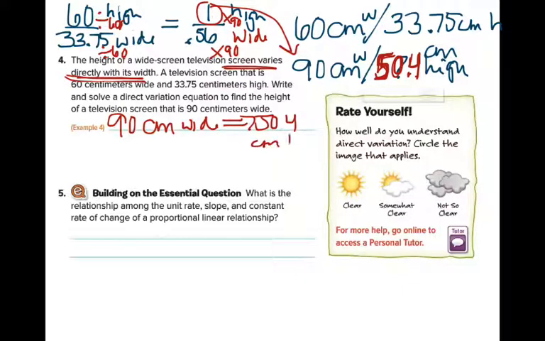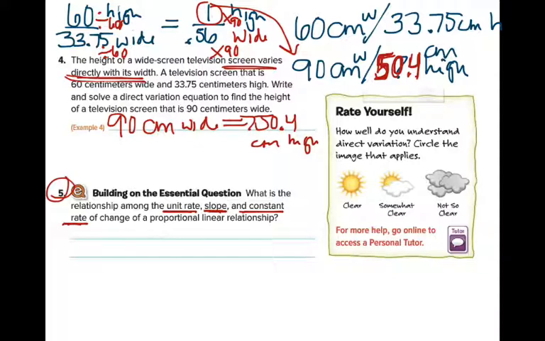50.4 centimeters high. Okay, and number 5, this is something you have to do on your own, building the essential question. What is the relationship among the unit rate, slope, constant rate of change of a proportional relationship? So we've talked about these 3 things. They're kind of interchangeable, but each has a little bit of a unique twist.